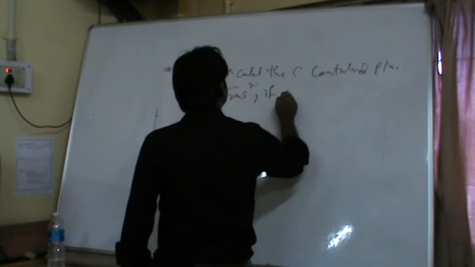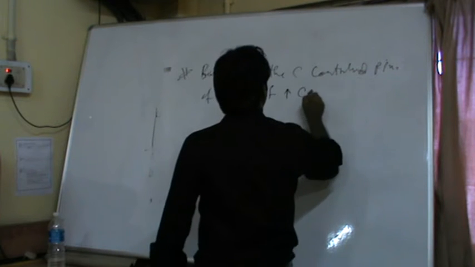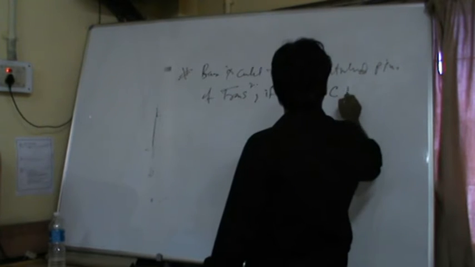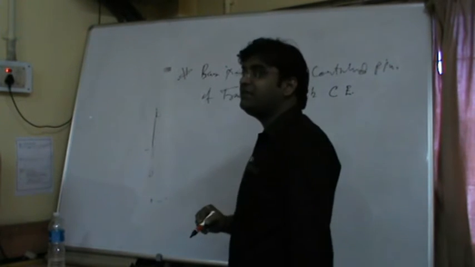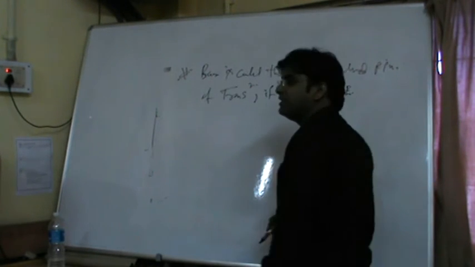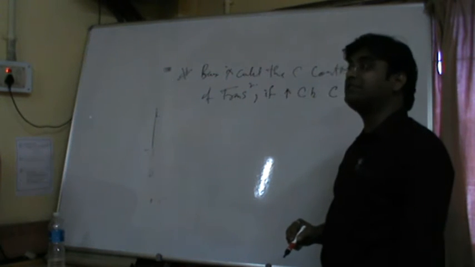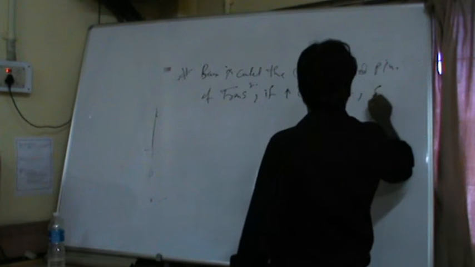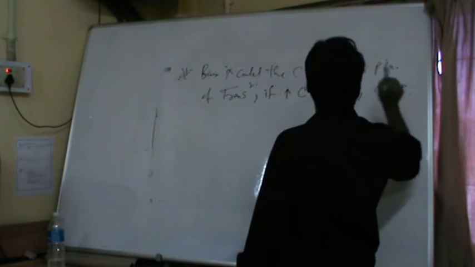If I increase the current of the base, then the collector to emitter resistivity decreases, and a huge current flows from collector to emitter.